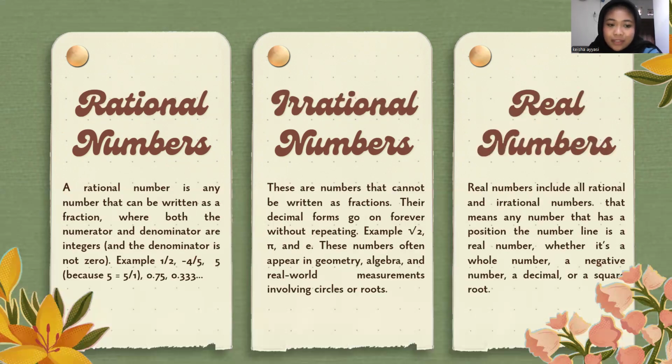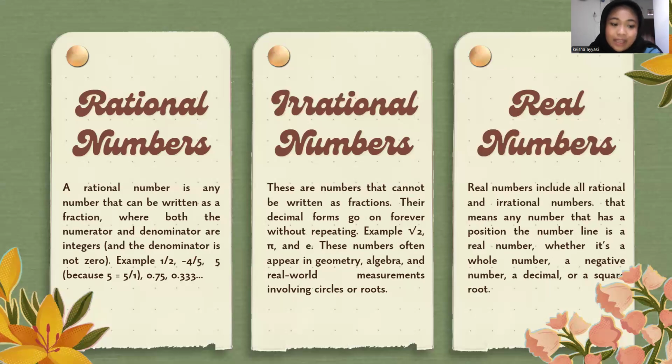Next is rational numbers. A rational number is any number that can be written as a fraction where both the numerator and denominator are integers, and the denominator is not 0. For example, 1/2, -5/5, and 5.